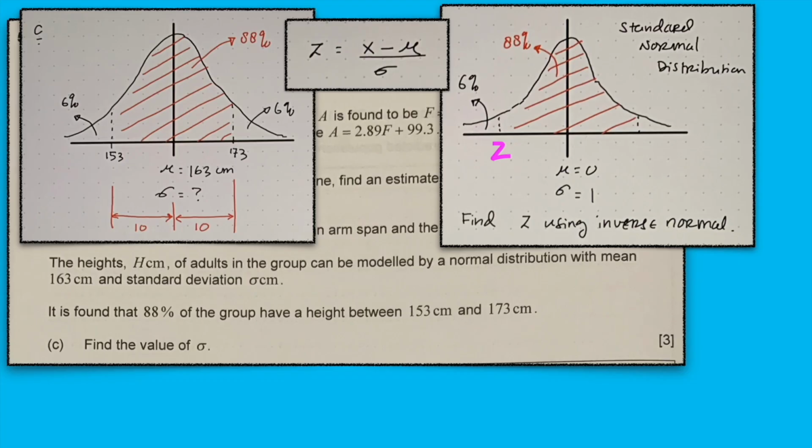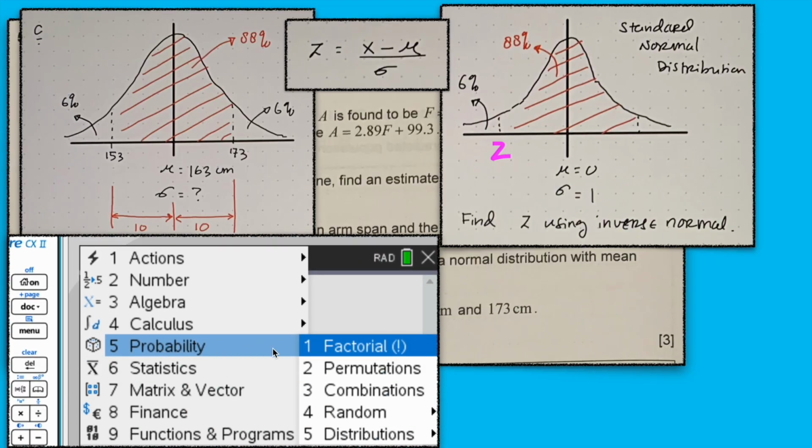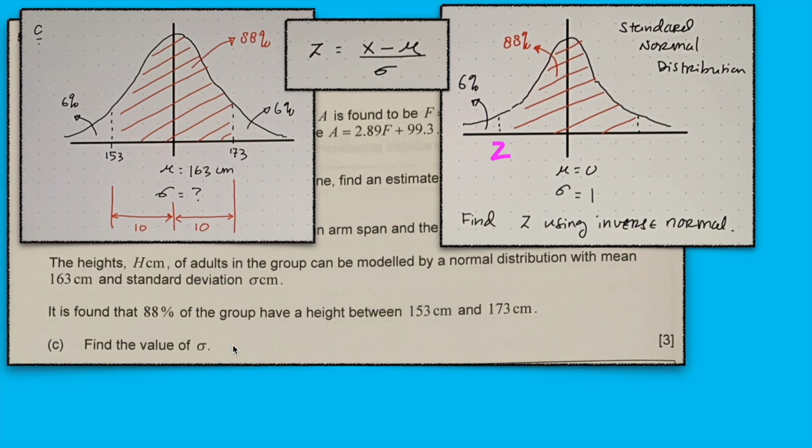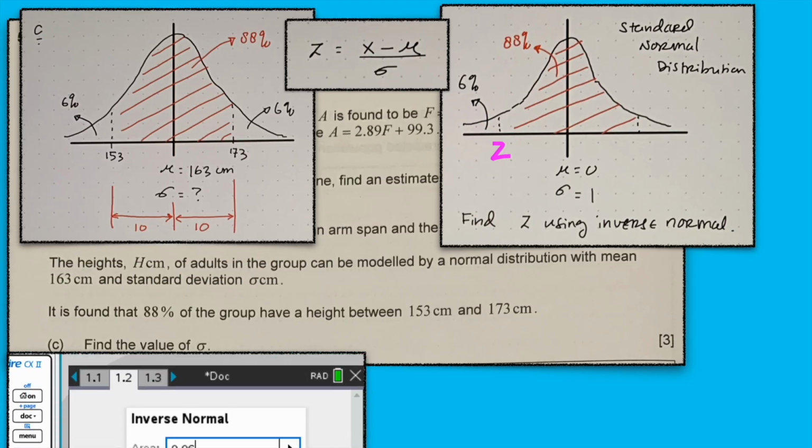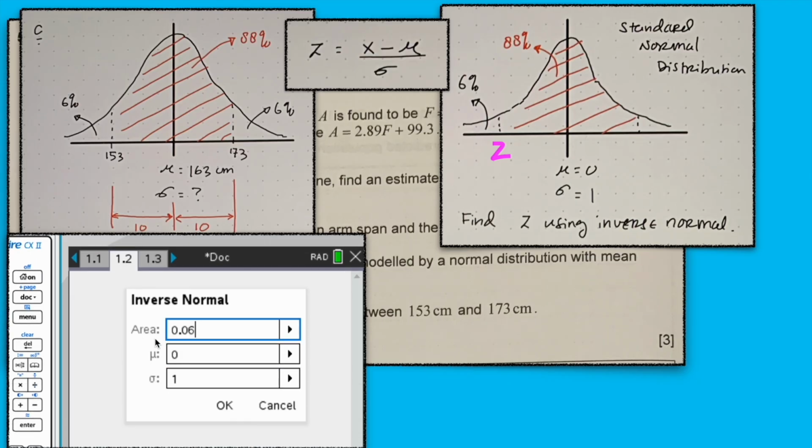Okay, so let's use the GDC or TI Inspire. Choose probability and then choose inverse normal because we want to find z. Area: your TI Inspire only recognizes the area to the left of that z-score. Remember, this is 88% and it is symmetrical. Therefore, this section is equal to 6%, and that section is equal to 6%.